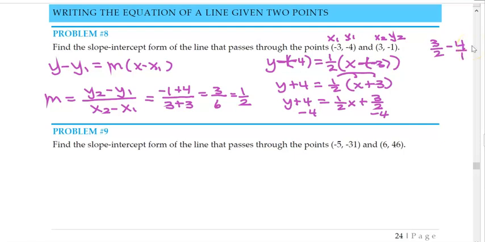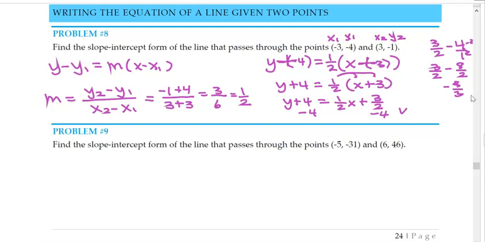This is like 4 over 1, and I need my denominator to be 2, so I need to multiply both my top and bottom by 2. So I really have 3/2 minus 8/2, which is going to give me -5/2. So I'm going to put that over here, and that is what's going to go here.